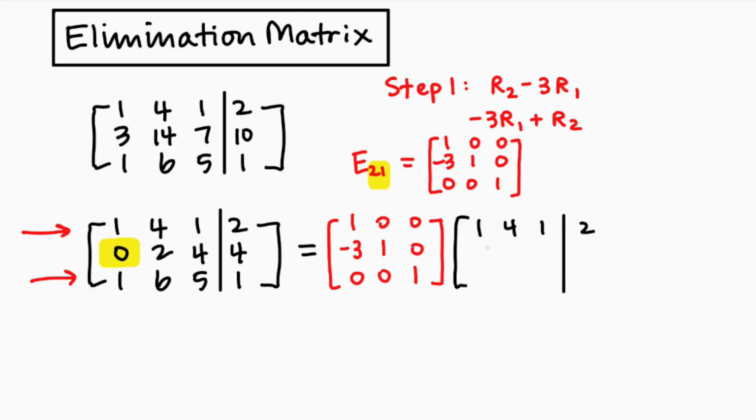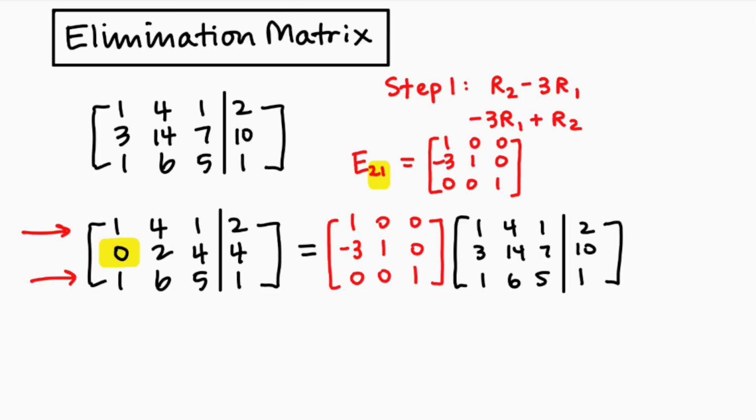Even copy the vertical bar if we like. 3, 14, 7, 10, and 1, 6, 5, 1. Okay, there we go. And you can check that with matrix multiplication however you want, the old way, using a calculator, whatever you want. But you can see that that's going to be valid.